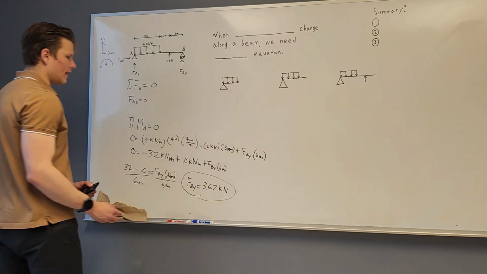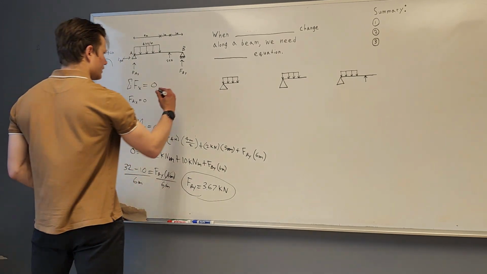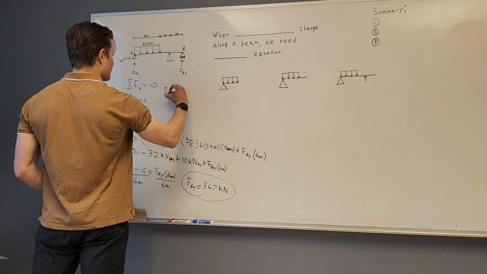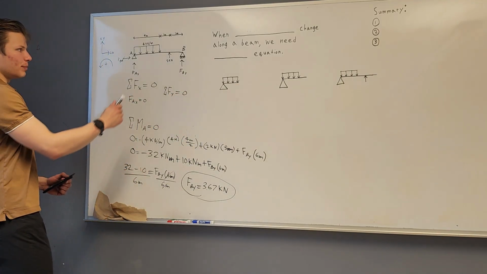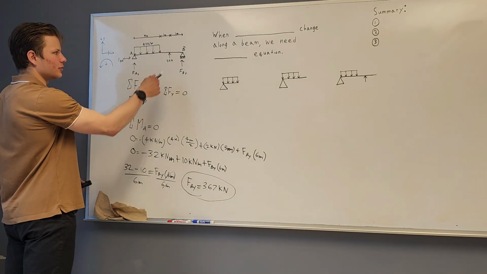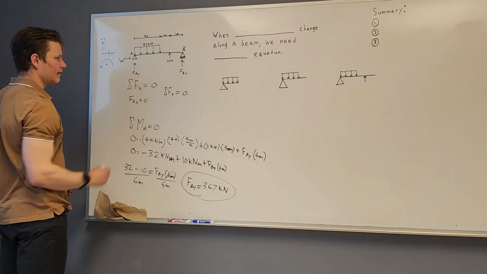Okay. And then to finish this off, we'll do the sum of the forces in Y. And that will be our third equation of equilibrium, which will allow us to solve for Fay.